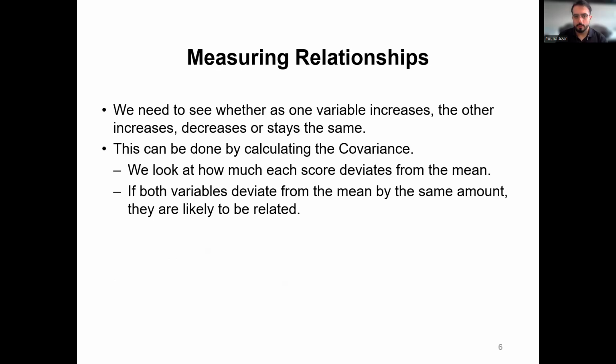We can do that by calculating the covariance, which is one of the main methods of measuring relationships. In covariance, we look at how much each score deviates from the mean. If both variables deviate from the mean by the same amount, they are likely to be related. That's the concept of covariance.